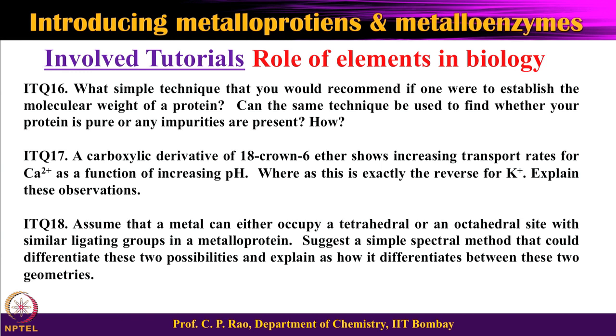Tetrahedral gives completely allowed transitions, therefore you have a very high absorption coefficient, whereas octahedral is both spin as well as Laporte forbidden, therefore you will have very little absorptivity. So, one can easily find out by using absorption spectroscopy whether the metal ion has gone into an octahedral cage or into a tetrahedral core.